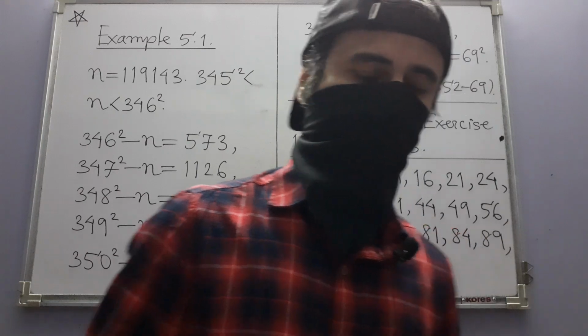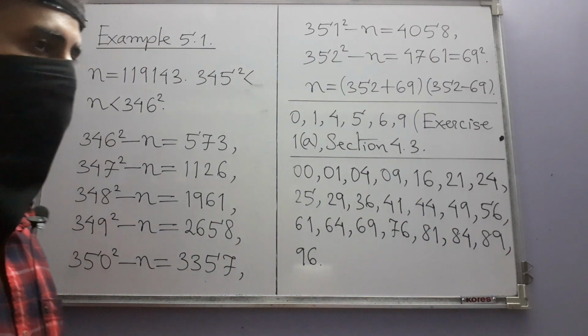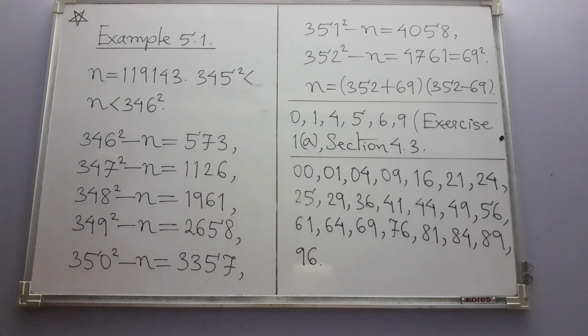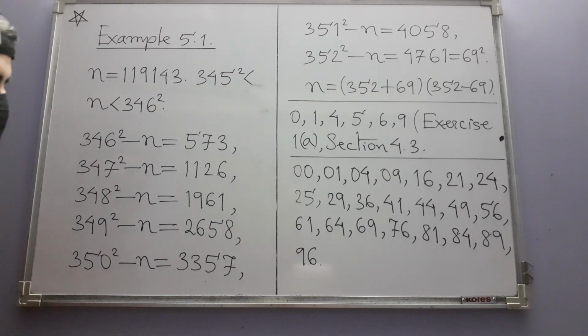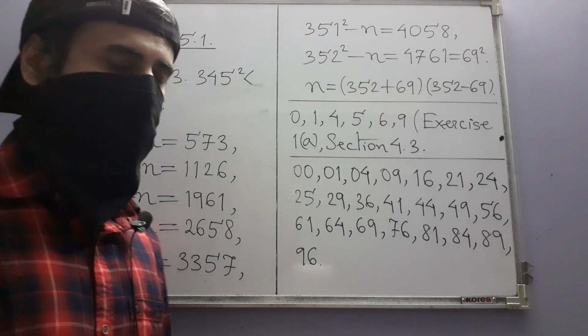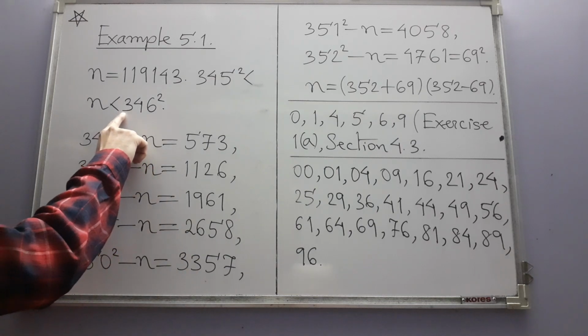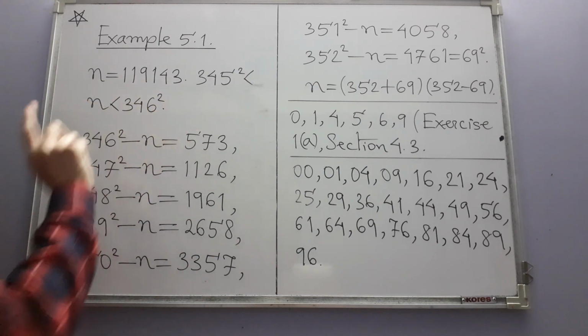Let's start by going back to example 5.1 where we demonstrated Fermat's factorization method to factorize this number 119143. So the method simply was this. First you have to find an integer whose square exceeds your given integer.